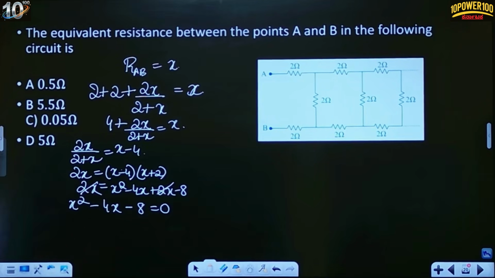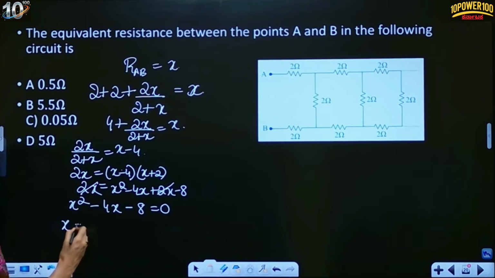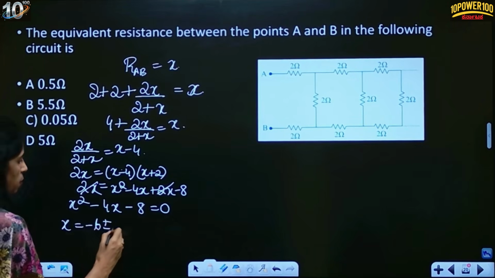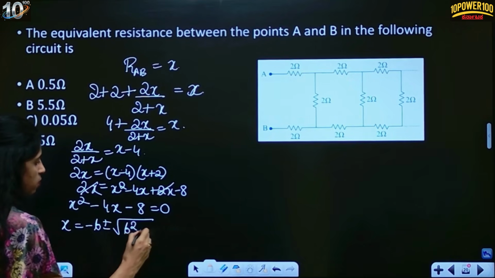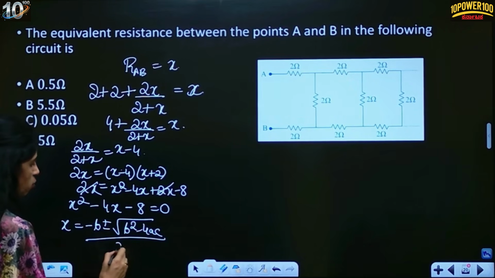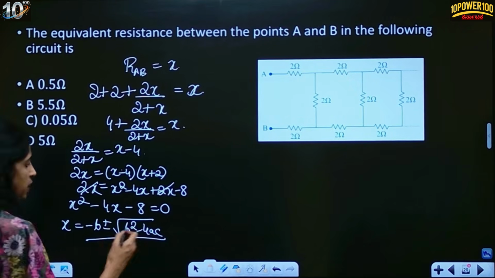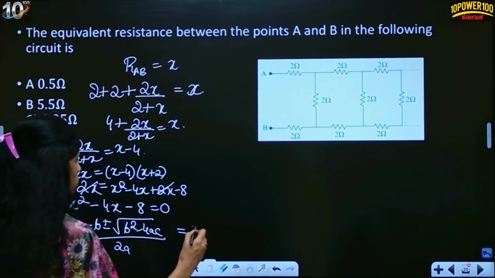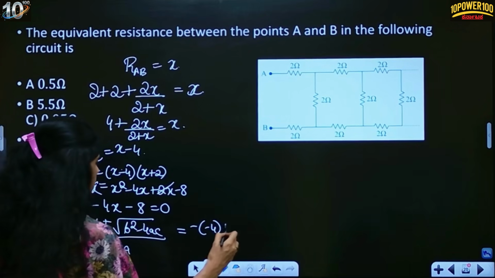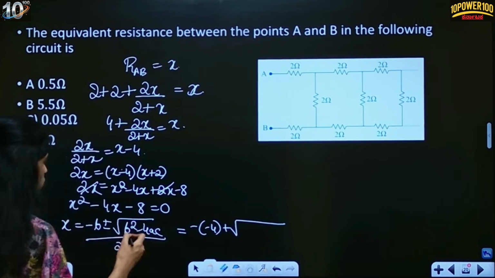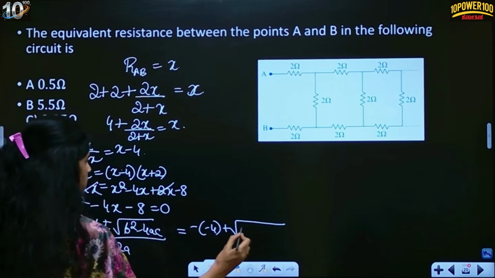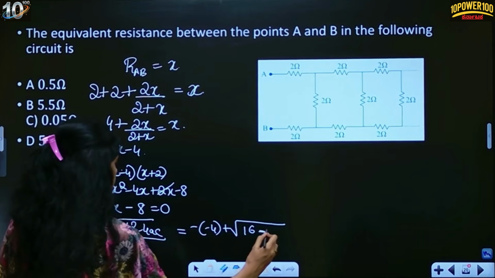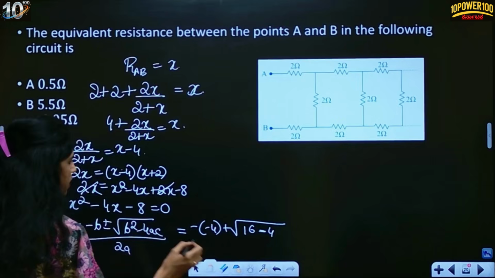I don't think you will get perfect squares over here, so directly use this formula: x equals minus b plus or minus root of b square minus 4ac, by 2a. You take it in your mathematics, right? So here b is minus 4. So minus of minus 4 is 4, plus root of b square, minus 4 square is 16, minus 4, a is 1, c is minus 8.